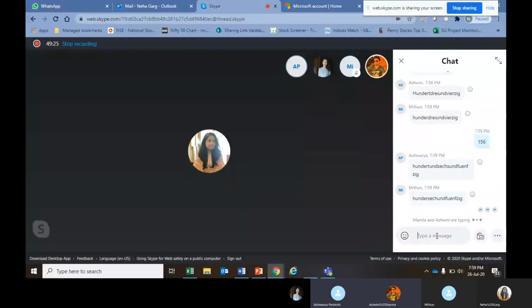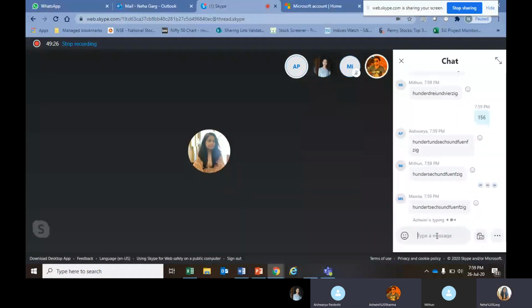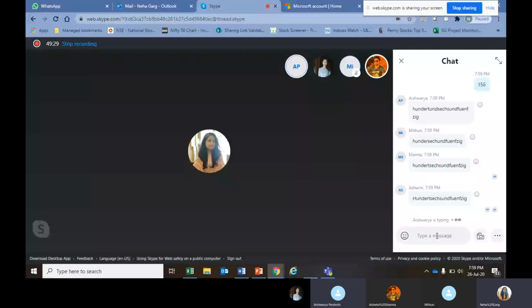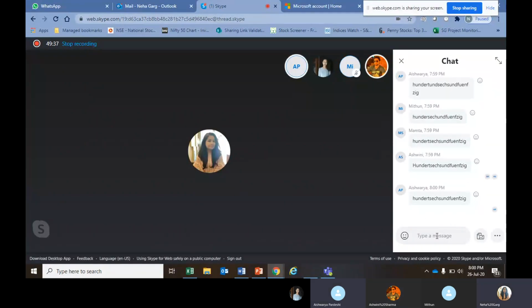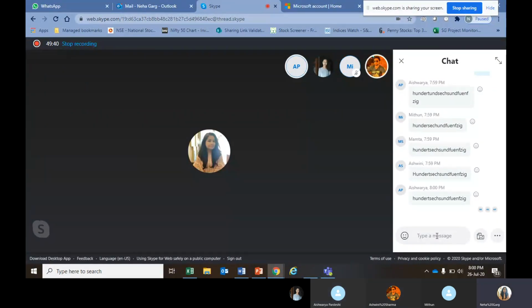Mine is wrong, sorry. No problem, we can send it again. Sehr gut, Ashwini. 6 und 50, sehr gut, Mamta. 156, sehr gut, Mithun. Sehr gut, Aishwarya.